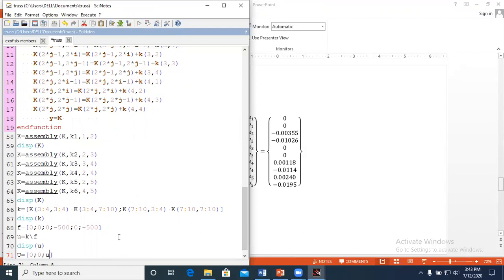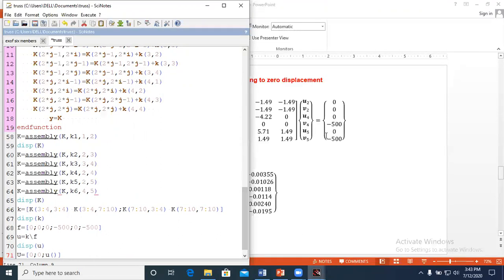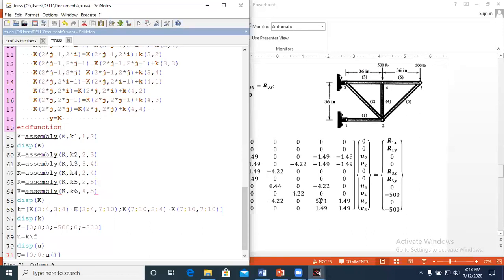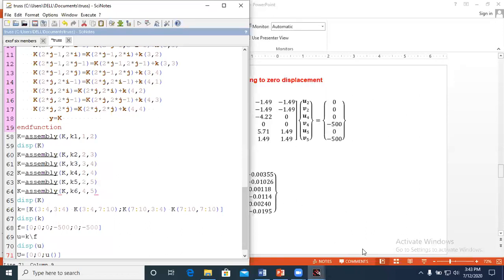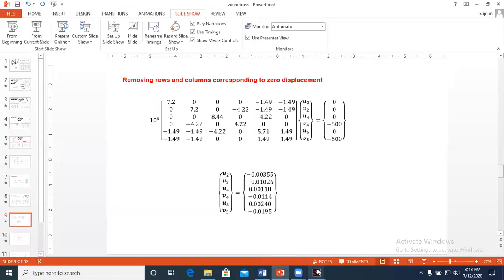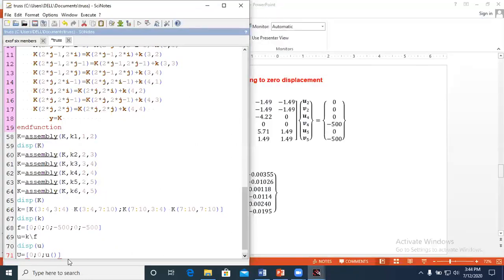U from the first two terms, u 1 colon u 2, colon 0, colon 0.